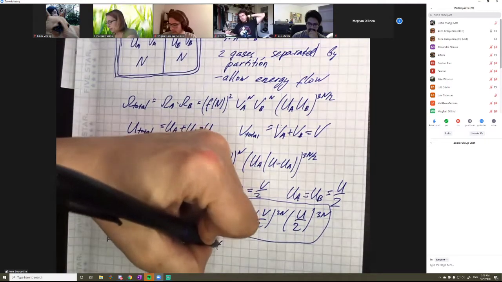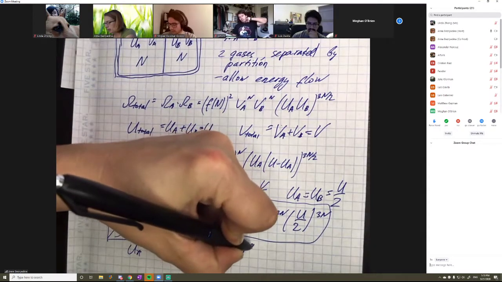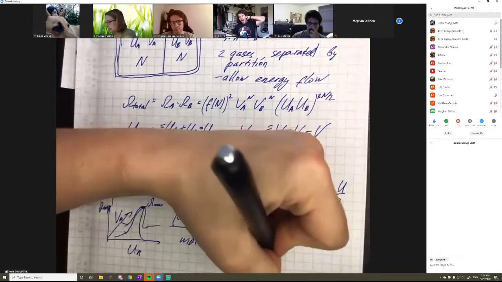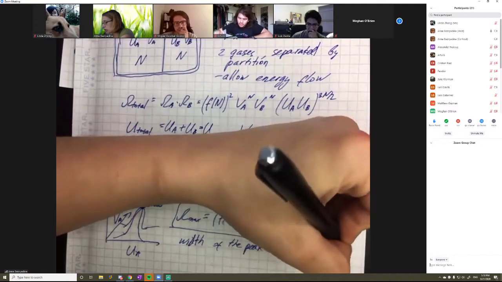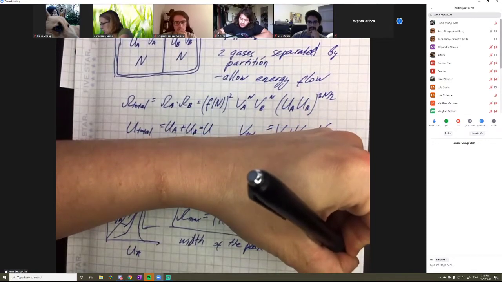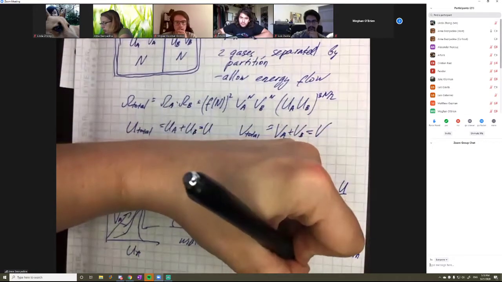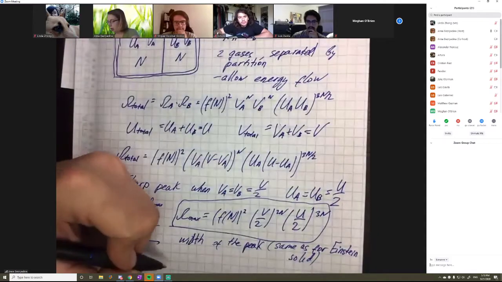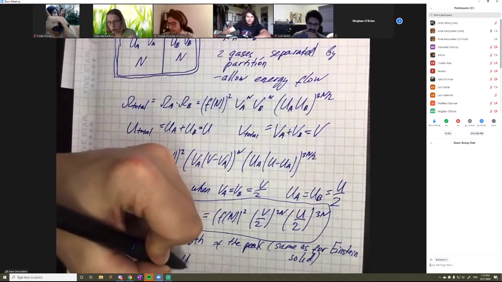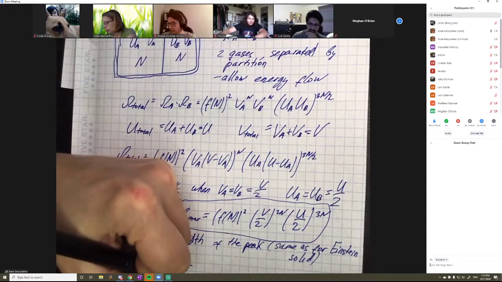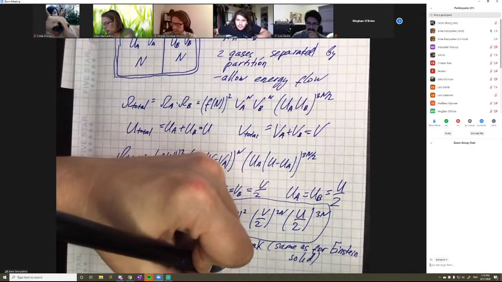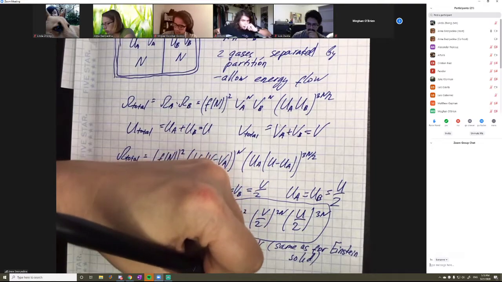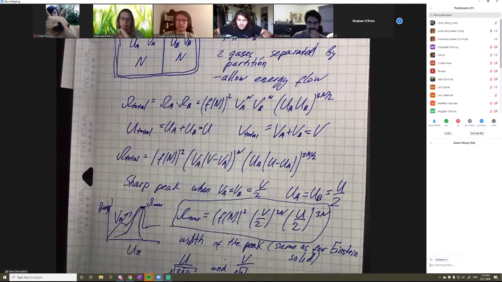The width of the peak will be the same story as what we have for the Einstein solid, and we get that the width will be equal to U over square root of 3n over 2, and V over square root of n.